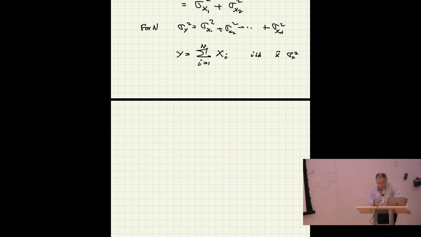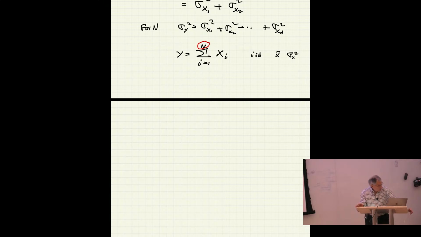So each of them is identically distributed, independent. But I'm going to change something on you now. I'm going to point out that the number n is a random variable. You don't know how many you're adding together.